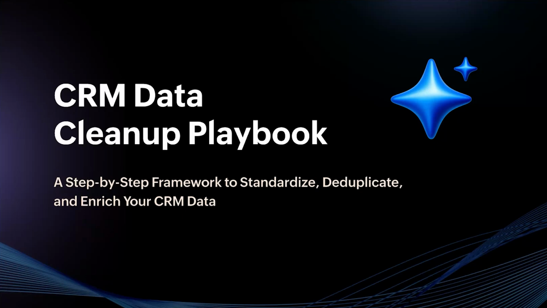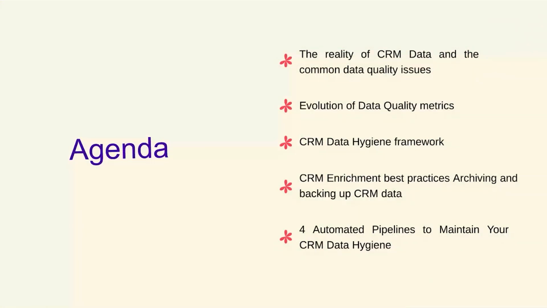So the agenda for the day is understanding the reality of CRM data and what are all the common data issues that you would face. We'll also be looking at certain industry metrics, how data quality issues have evolved over 20 years and how much value or what number you can put on data quality. And then we'll be looking at the CRM data hygiene framework: how to understand the current scenario of your CRM data, what you can do, step by step, how you can fix it.